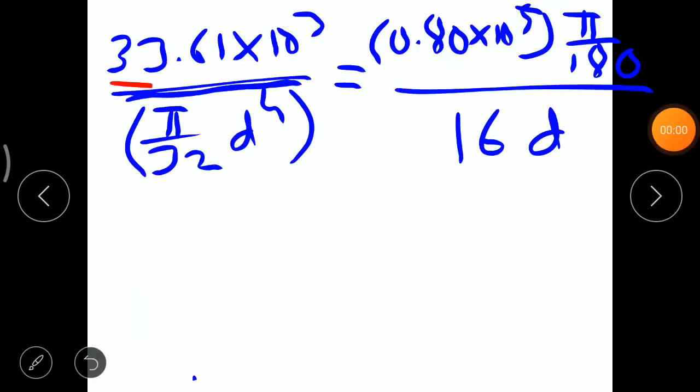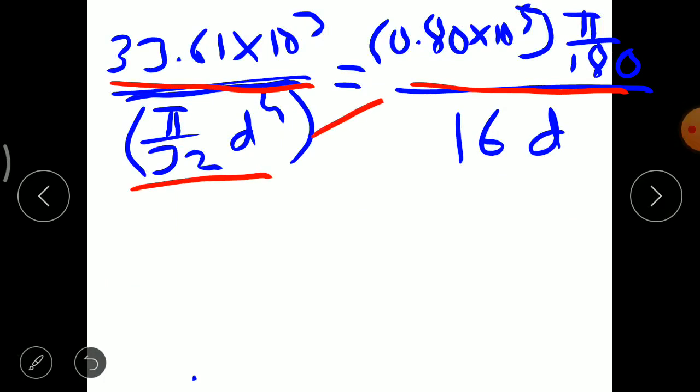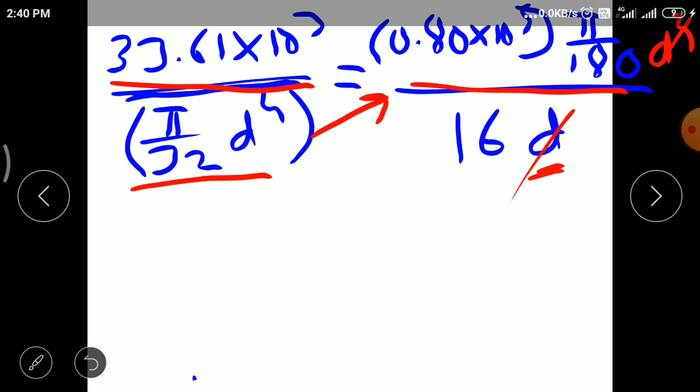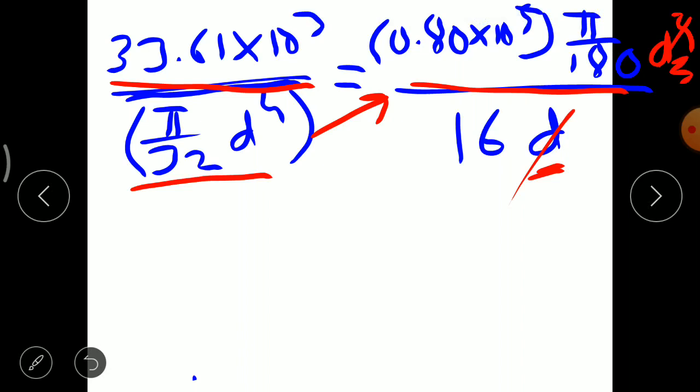These are the necessary values that I have written here, and you just have to cross multiply pi by 32 d raised to 4 with this value, and in the denominator we have d. It gets cancelled and we get only d cube.